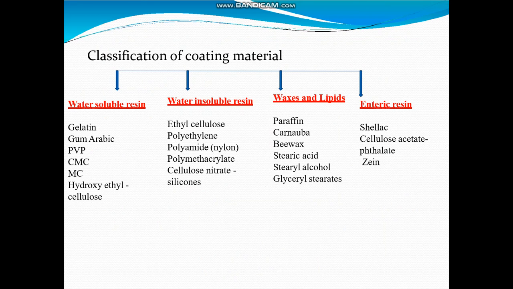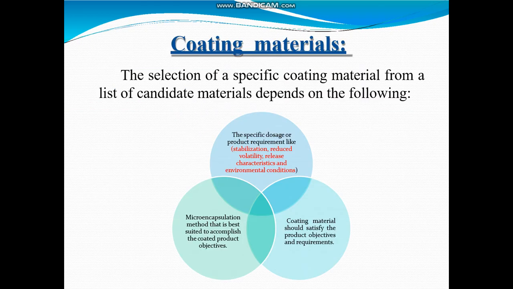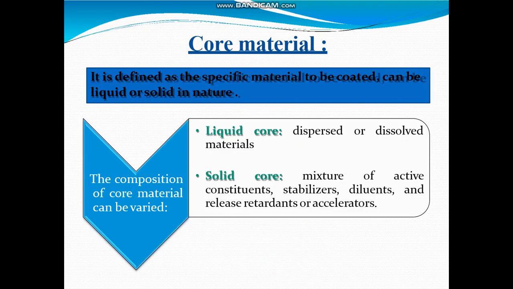It is very important to memorize all the relevant contents, for example the classification of the coating material, examples of water soluble resins, water insoluble resins, and waxes and lipids. The selection of stabilizer and polymer is very important, especially in different formulations.